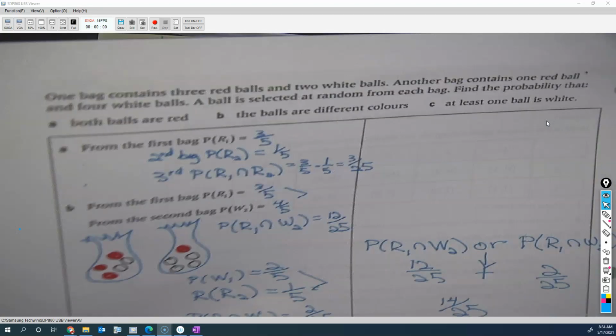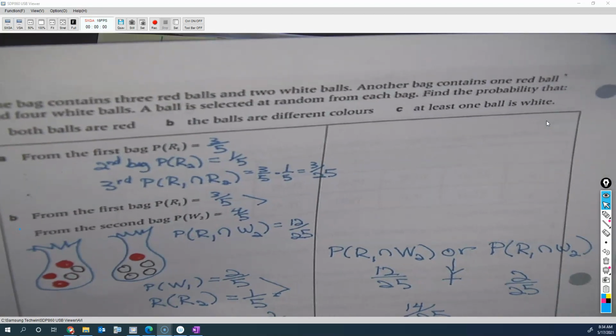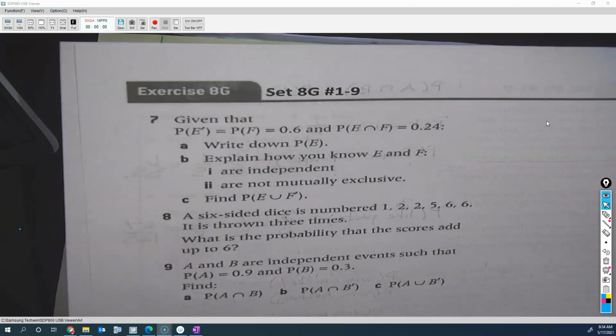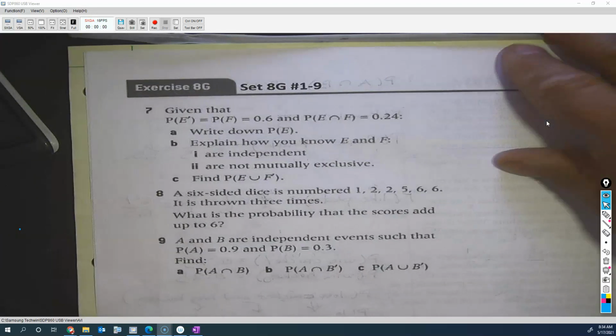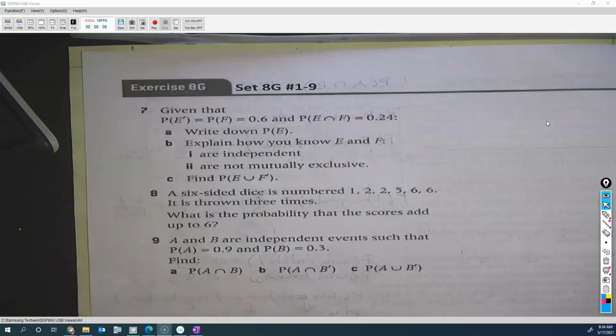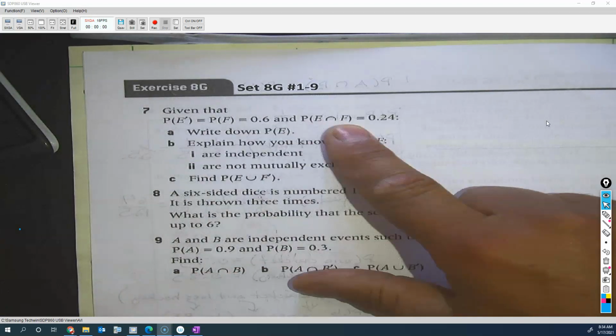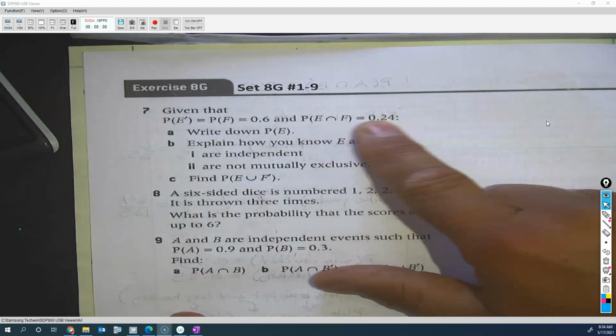Okay, did I leave out some problems? Let's see, it goes 1, 2, 9. Looks like I left out 5 and 6. So let's see. You're given P of E and P of F, and the intersection. Okay.